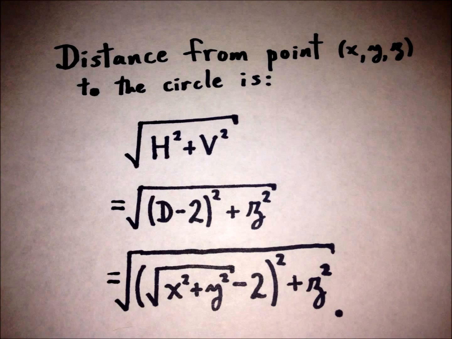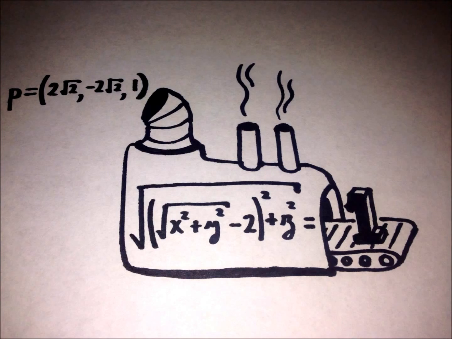And since we know what d is, we can substitute that in as well, and get the square root of (the square root of x squared plus y squared, minus 2) all squared, plus z squared. Finally, we've constructed it, a machine for measuring distance from a point to the red circle.